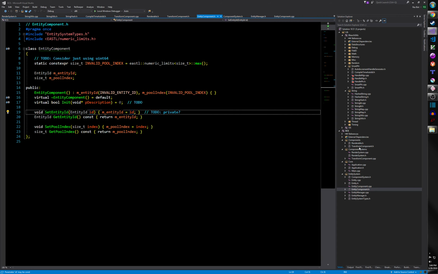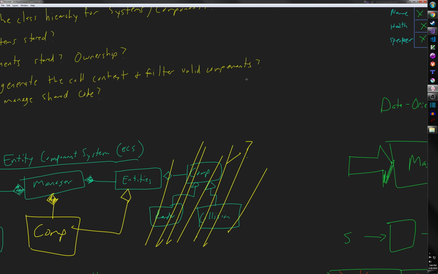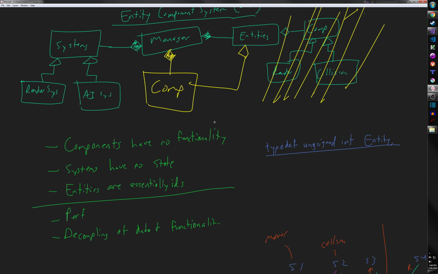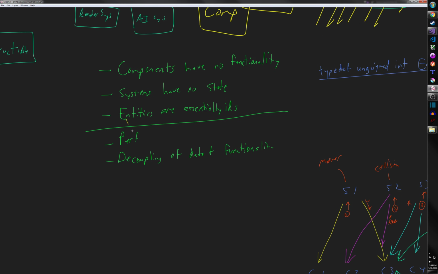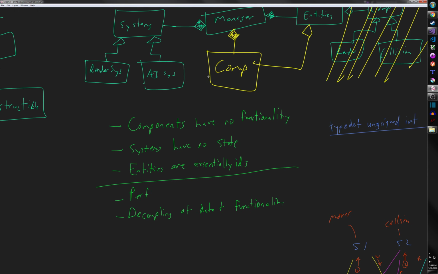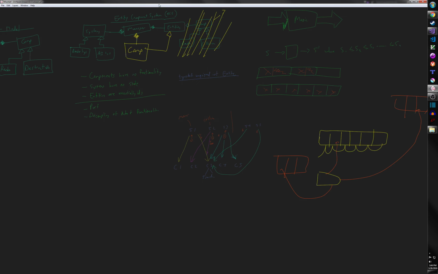And if we look at the actual data itself, we're following the ECS guidelines. If I go back to this, here it is. The tenets that I said that we need to follow. Components have no functionality. Systems have no state. Entities are essentially IDs. So I want to see if we're still following this.